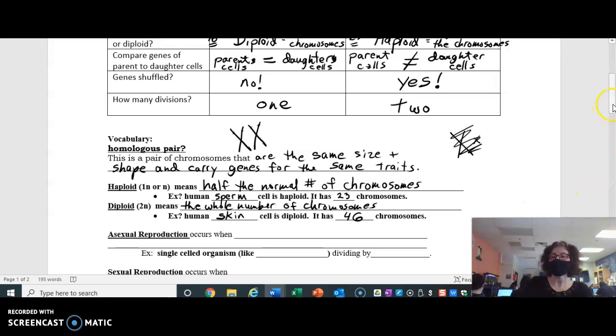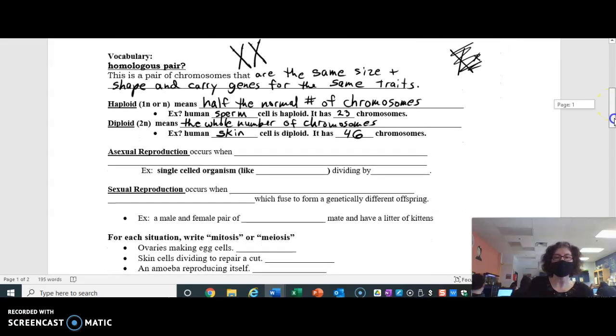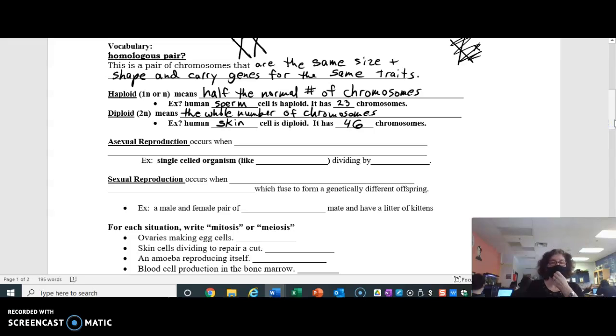Okay, some more things that turn up in this unit that the SOL loves to ask you about are asexual versus sexual reproduction. What are those words meaning? So asexual reproduction means reproduction without sex, basically. It means you have one parent, right?